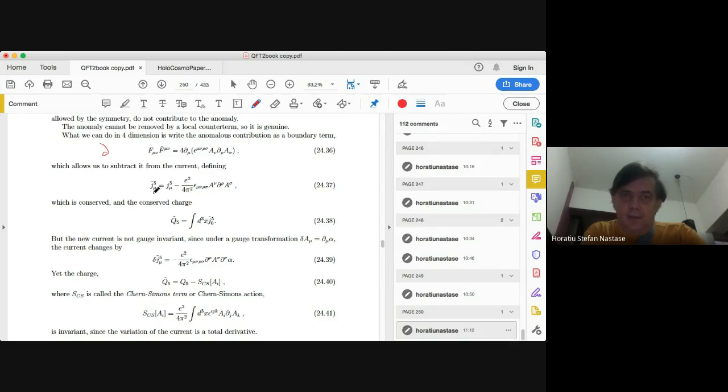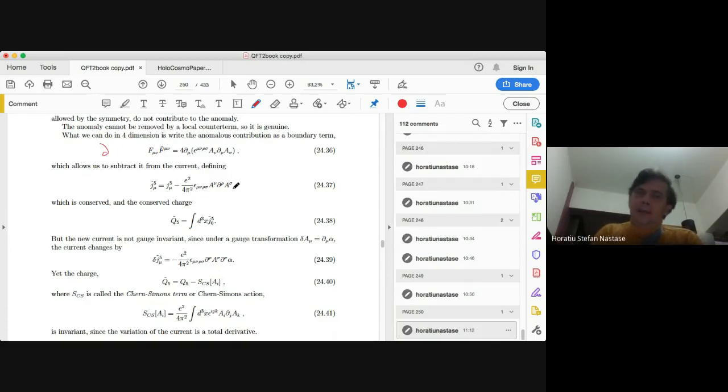So in other words, I can redefine the current to be j tilde mu 5 is j mu 5 minus e squared over 4 pi squared epsilon mu rho sigma a nu d rho a sigma.